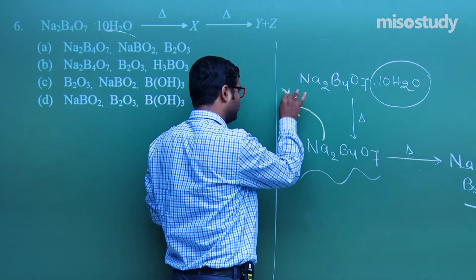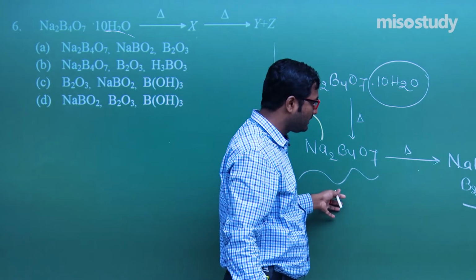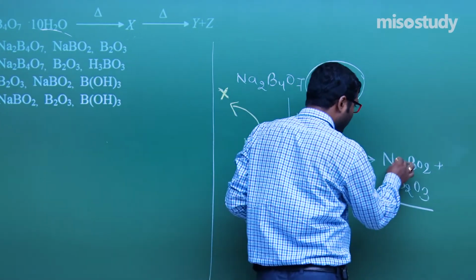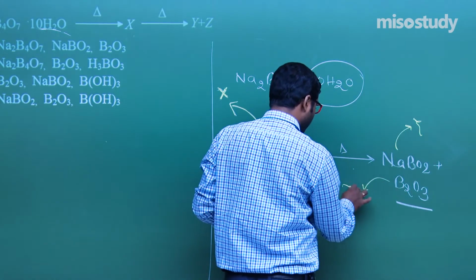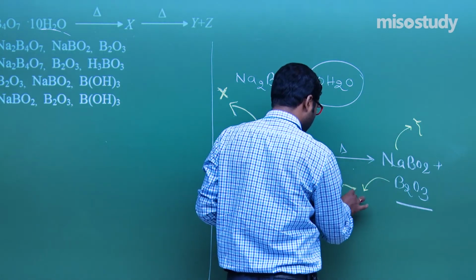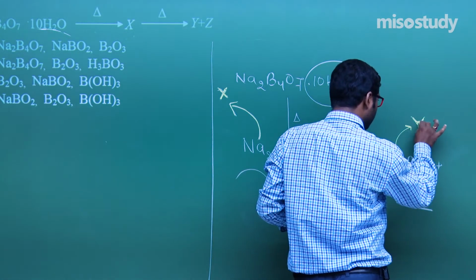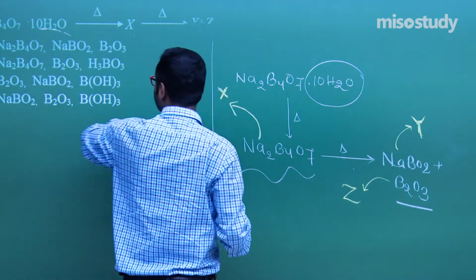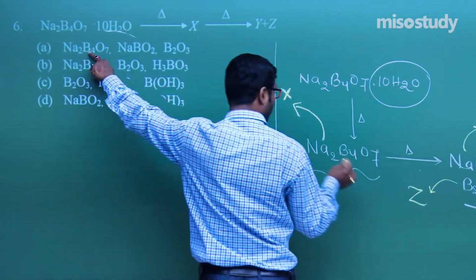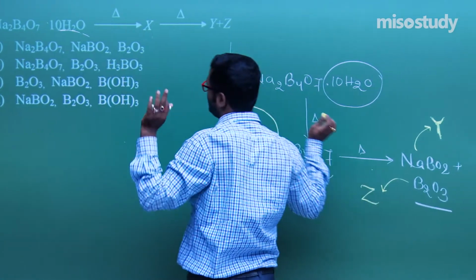Okay sir. Now when heat is given, it gives you NaBO2. This one is Y and this one is Z. Clear? So the products are X equal to Na2B4O7, Y equal to NaBO2, and Z equal to B2O3.